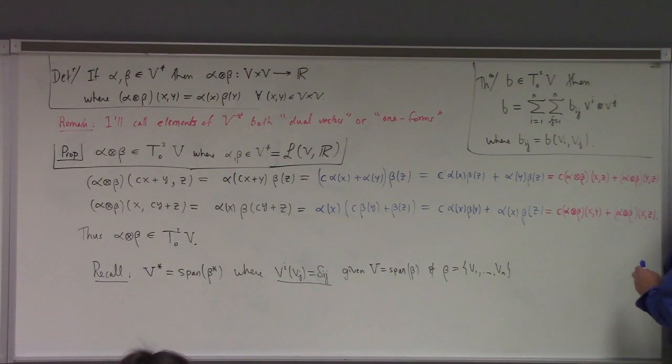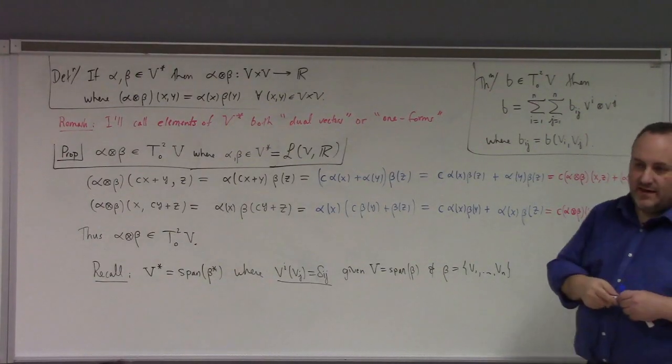So, observation, right? I don't even have a notation for this, so I'll use upsilon. Upsilon equal to V^i tensor V^j such that 1 less than or equal to i, j less than or equal to n. Then I think it's fairly clear that the span of upsilon is equal to T_0^2 V, right?